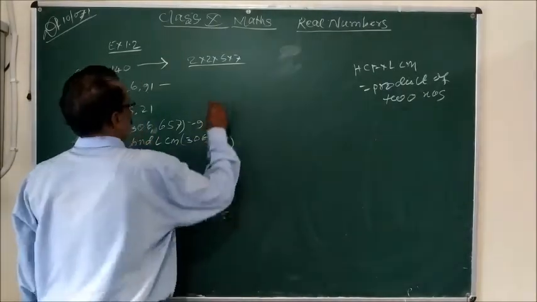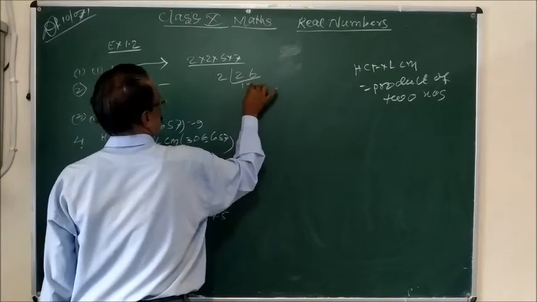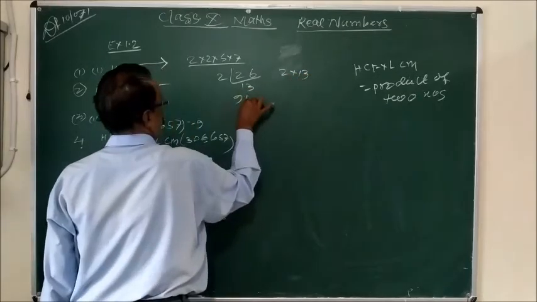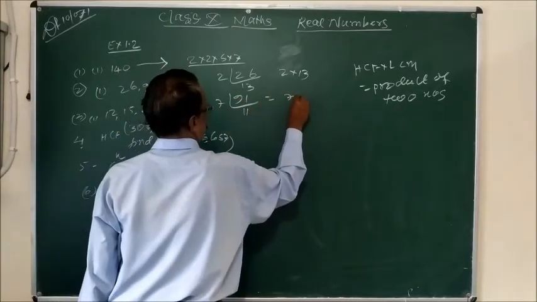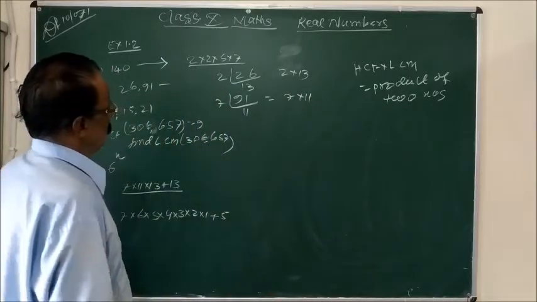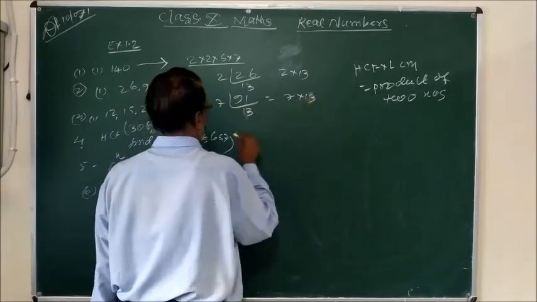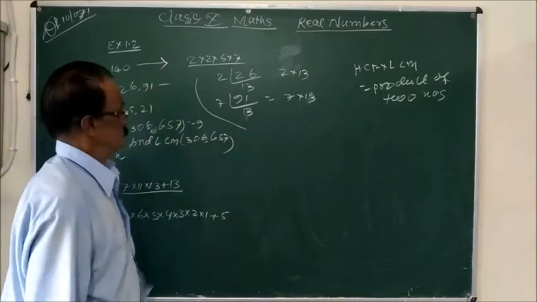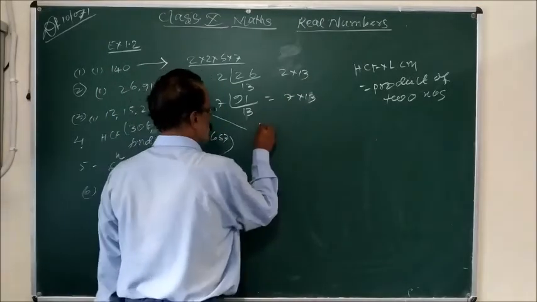So you find the prime factors of 26, you will get 2 into 13. For 91, you will get 7 into 13. Now these are the prime factors of these two given numbers. With the help of these prime factors, you find the LCM.